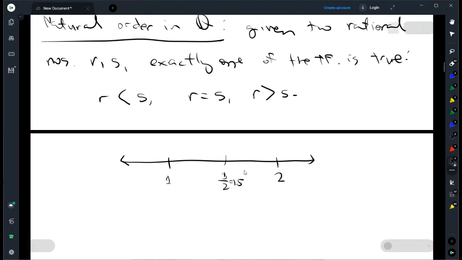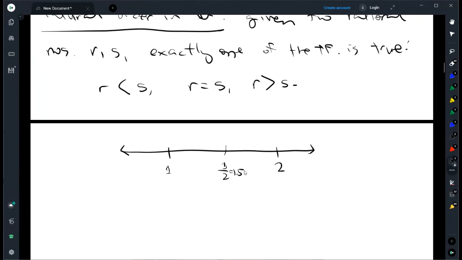Okay, so the idea now is this. What are those numbers that are not rational, but should be found here in the real number line? And that brings us to the numbers which are not rational, and that is the irrational numbers.